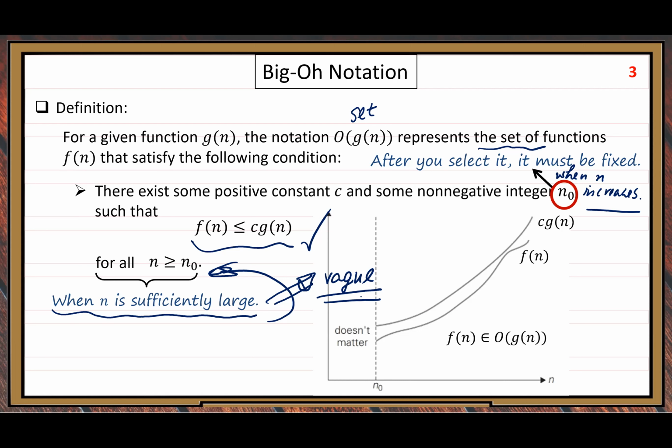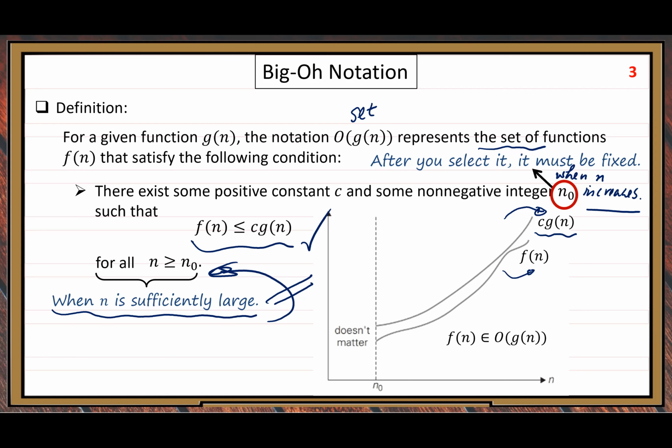From this graph, we have the graph of the function c times g of n. We use it as an upper bound for f of n, the curve of f of n. So this one.